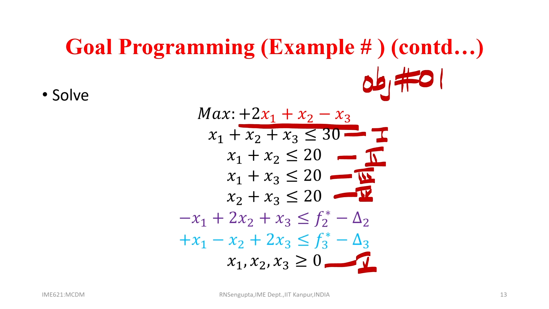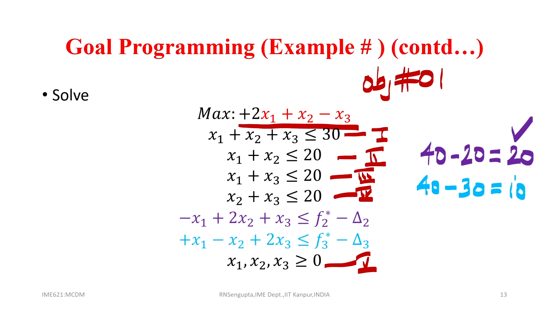Let me use the violet color. This was actually 40 as a single objective. If I subtract, for example, 20, the objective function 2 is maintained at 20. And for objective function 3, which is blue, originally 40 as a single objective, I am subtracting 30, which gives 10.